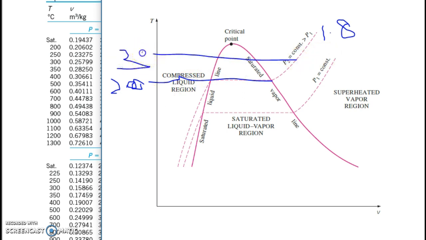Sorry for the bad handwriting here, but I think you get my point. So this is the 350 degrees C point, and the specific volume needs to be in here.